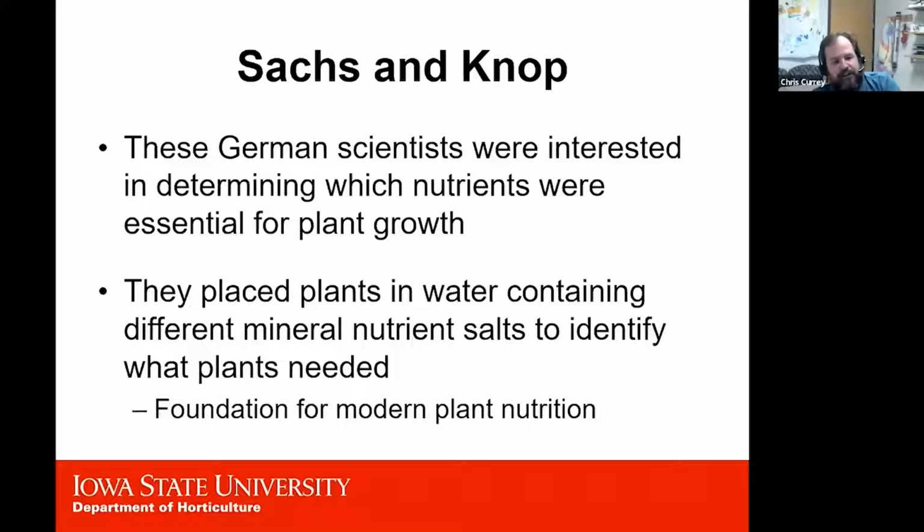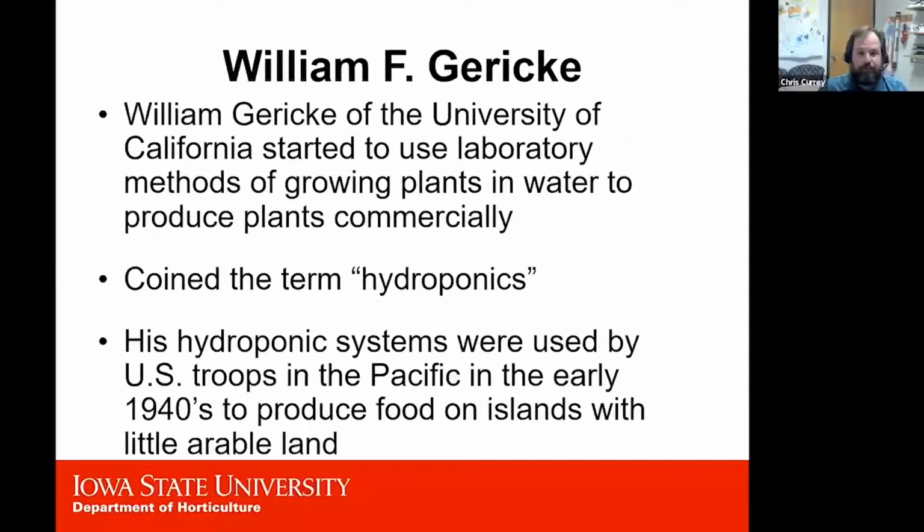In each of the different solutions, they created a deficiency of one specific element. So when they took away an element and a plant was able to still complete its life cycle, they knew that it wasn't essential for plant growth. But when they removed an element from that water solution and the plant was unable to complete its life cycle, then they could identify it as an essential mineral nutrient for plant growth.